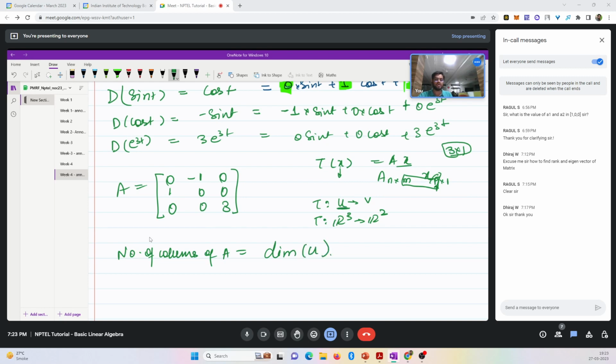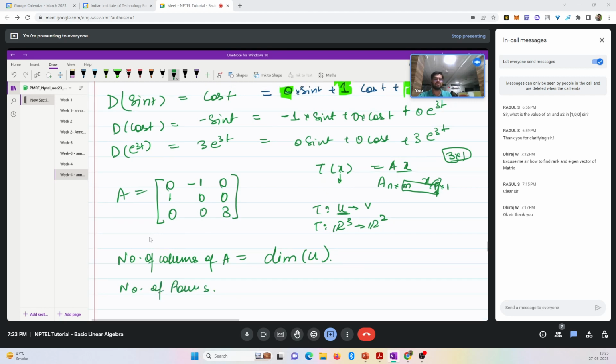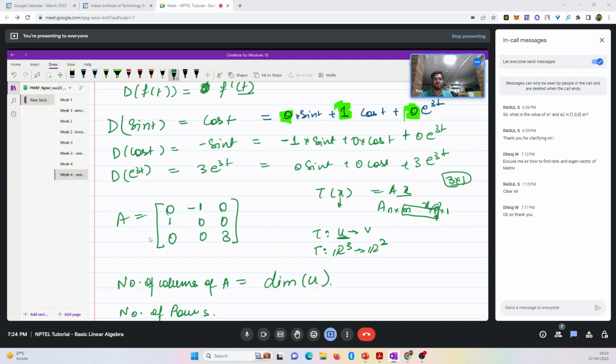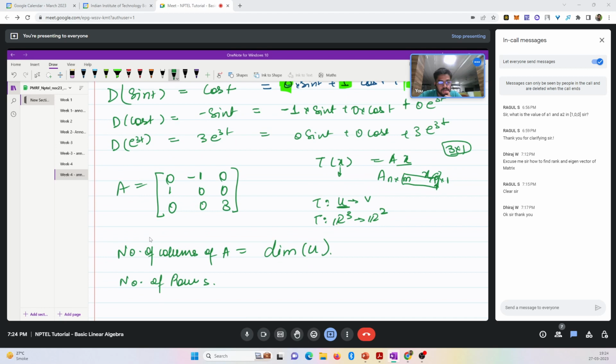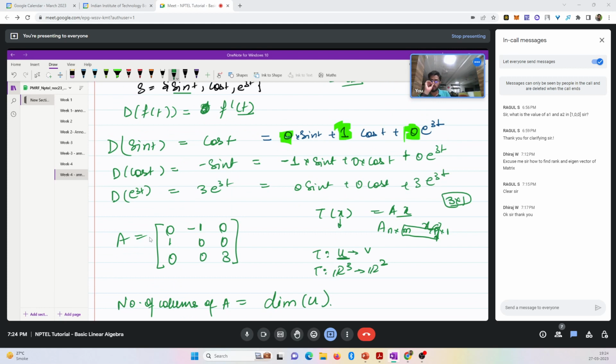And what is the number of rows? How many rows you obtain is based on how many entries are in each column.